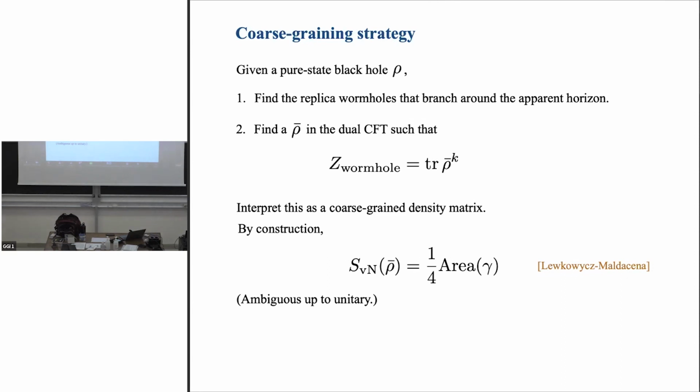Think of the goal in life of rho bar as giving us a microscopic formula for the apparent horizon entropy. I'm going to choose a coarse graining that has the correct entanglement spectrum. That's the definition of this coarse graining, and so it matches the entanglement spectrum. Then it's necessarily going to give us a formula for the coarse grained entropy.